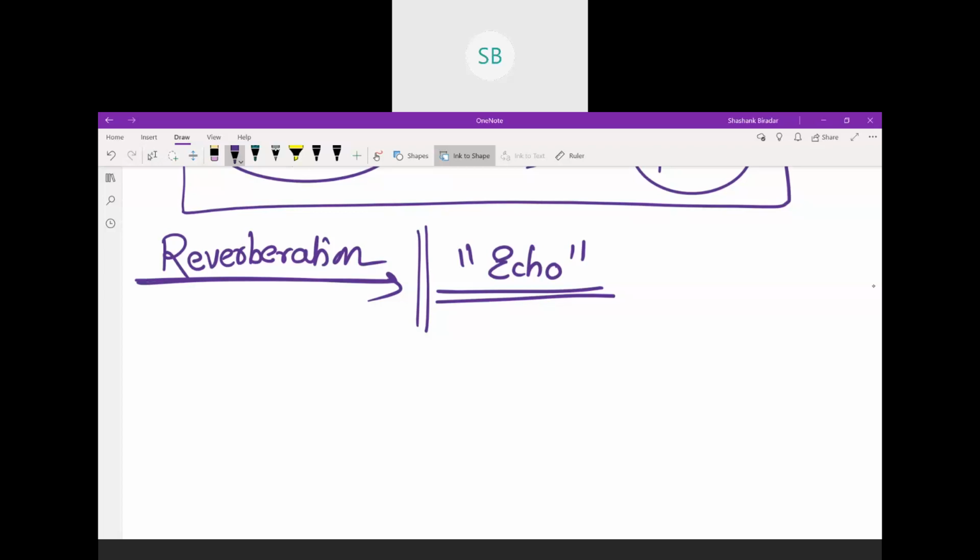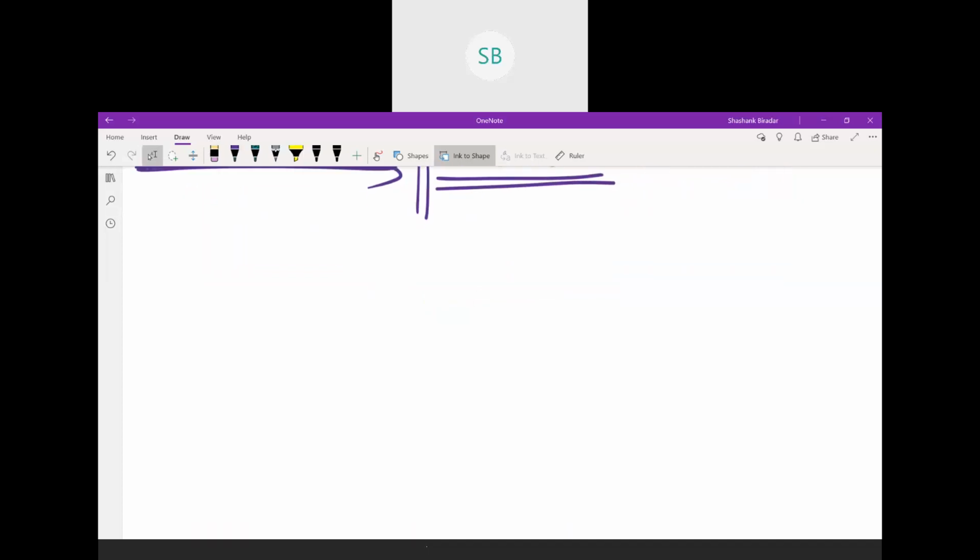So I guess I must show you the diagram. Before that, we will see more detail about reverberation. Let us draw the diagram first, and then I will be able to explain the exact definition of reverberation.